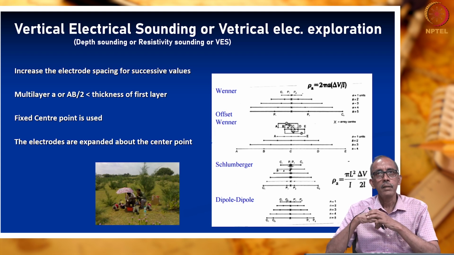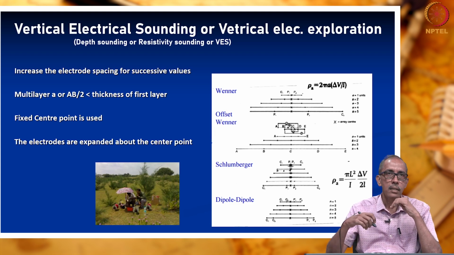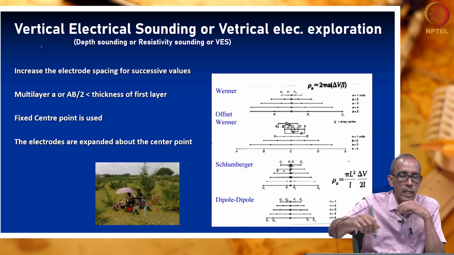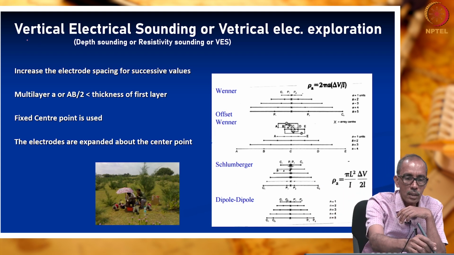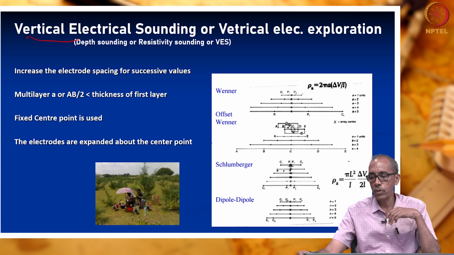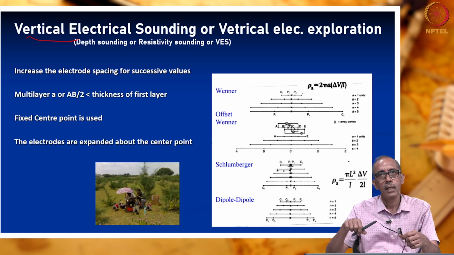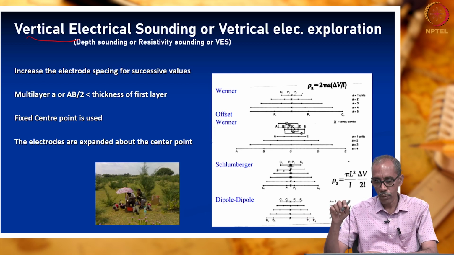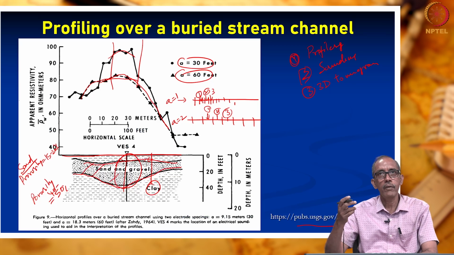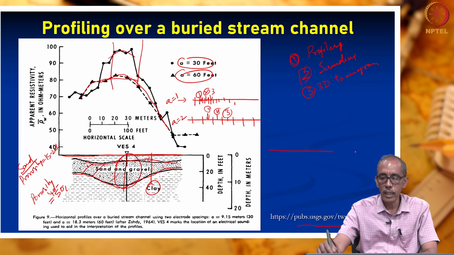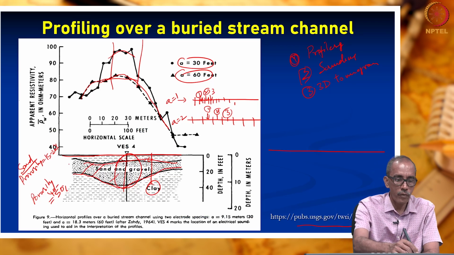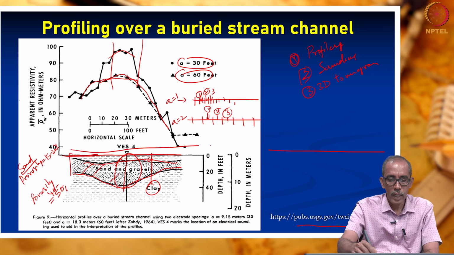In sounding, our interest is to know the vertical variation in the lithological formation. What was our interest in profiling? In profiling, our interest is to know lateral variation. That is what we have done. Along this section, we did the survey in a profile.